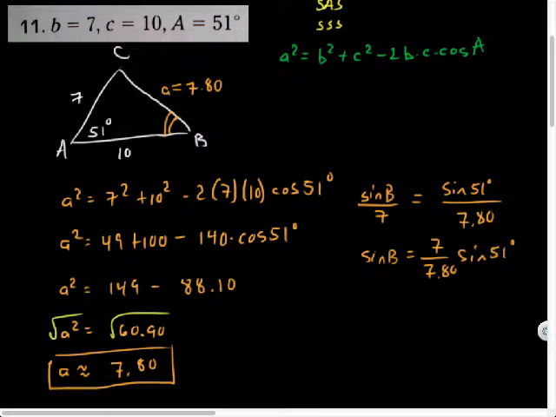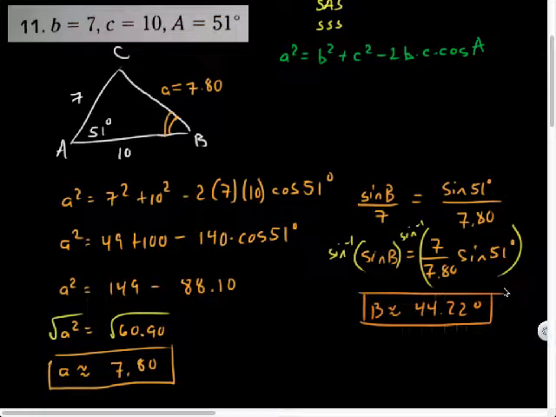Then I would take sine inverse of both sides. That's sine inverse of 7 divided by 7.80 multiplied by the sine of 51, and I get B is approximately 44.22 degrees.